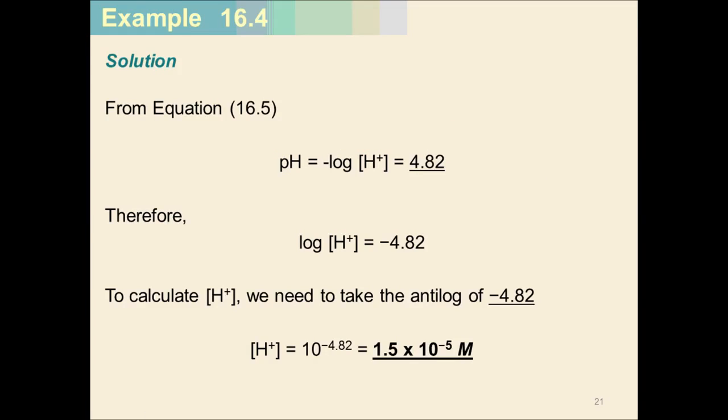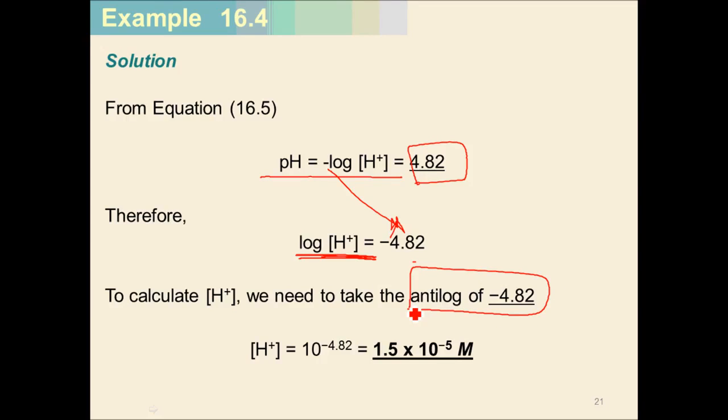So on slide 21, pH is equal to minus the log of the hydrogen ion concentration. And again, the problem said that was 4.82. So therefore, the log of the hydrogen ion concentration is equal to, moving the minus sign over, minus 4.82. To calculate the hydrogen ion concentration, we take the anti-log of minus 4.82. Please do this on your calculator. For most of you, it's going to be the 10 to the x key.